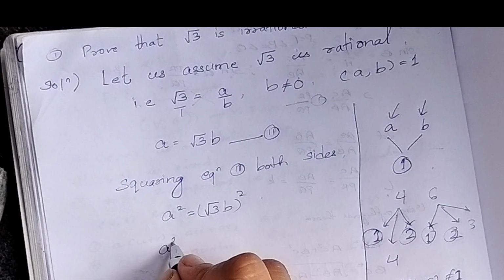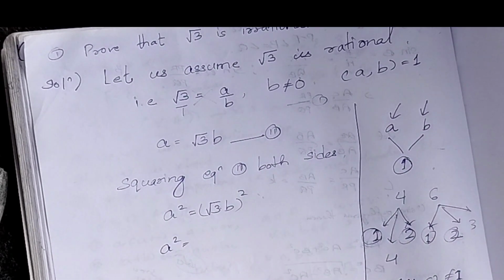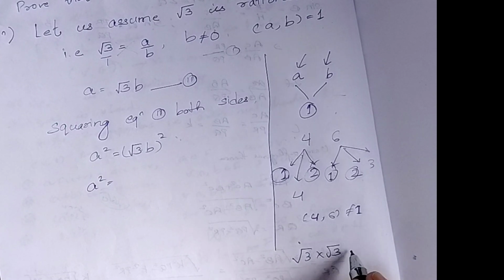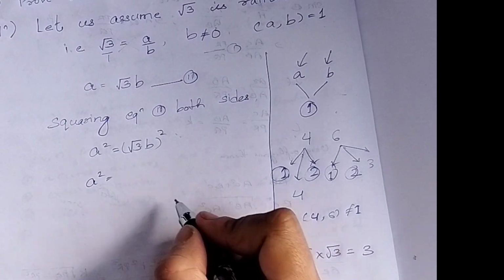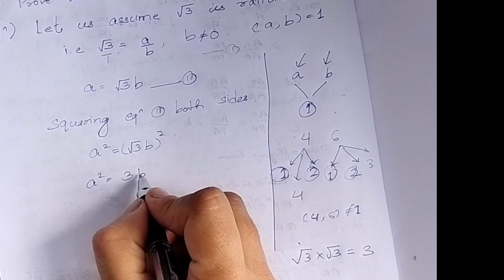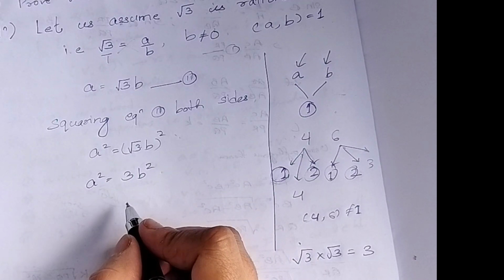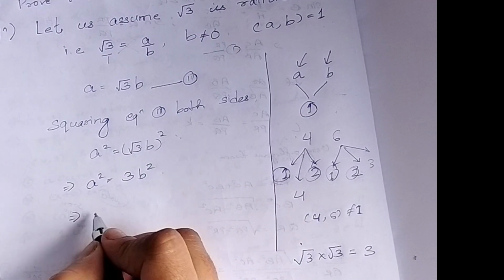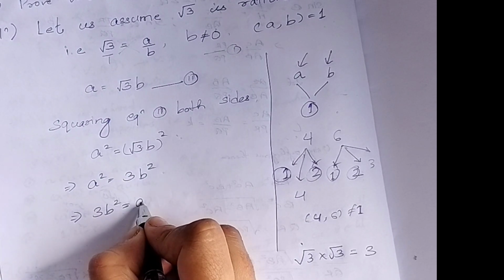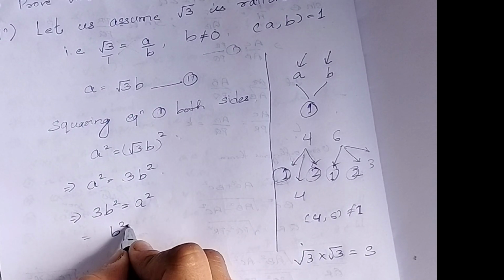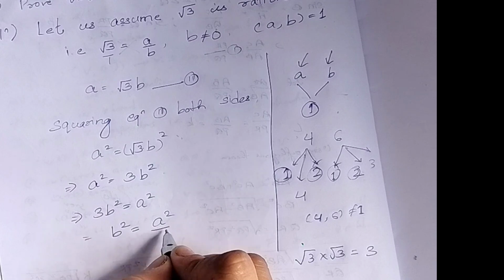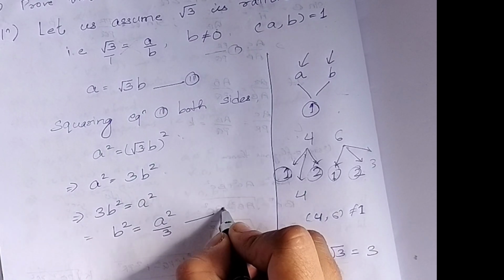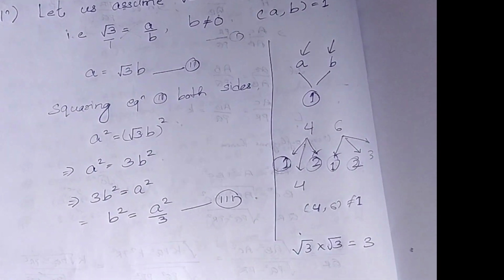So a square is a square, root 3 square is root 3 into root 3, which is 3 only, and b square is b square. So we bring the 3b square to this side, and we keep b square like this, and a square by 3. So this will be our equation 3.